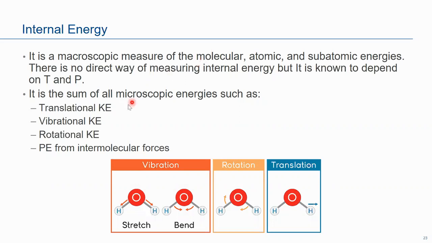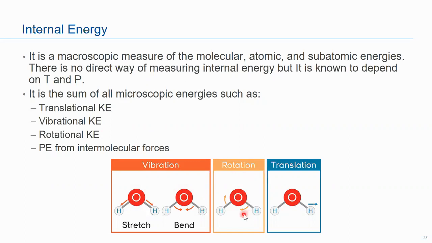So yung internal energy, it's the sum of all microscopic energies, such as translational kinetic energy, vibrational kinetic energy, rotational kinetic energy, and even potential energy from intermolecular forces. Yung mga molecules kasi natin, they do all these motions. They vibrate, and that's the reason why you can obtain IR spectra from different molecules, like stretching, bending, wagging, etc., and all those kinds of vibrating movements.